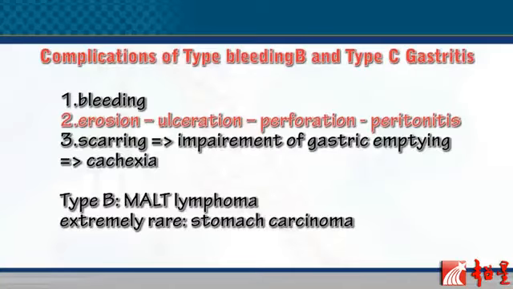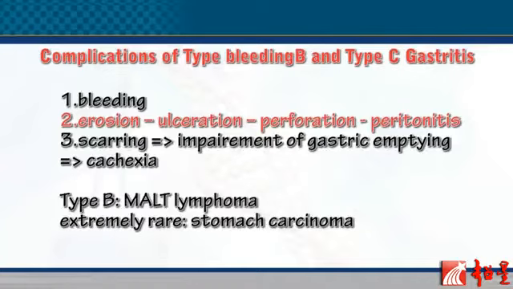The complication of type B and type C gastritis is bleeding. It can cause anemia. The second is erosion and ulceration, and this ulceration can cause perforation and cause inflammation, peritonitis.